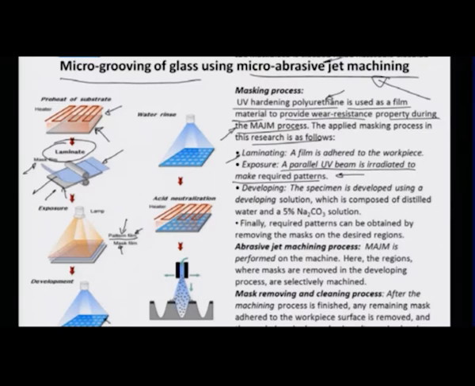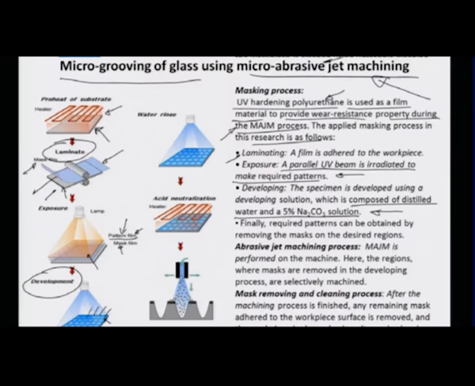So after the exposure is done, the developing is provided by a solution composed of distilled water and 5% sodium carbonate solution, and the holes which are exposed through this pattern film on the mask film come off.